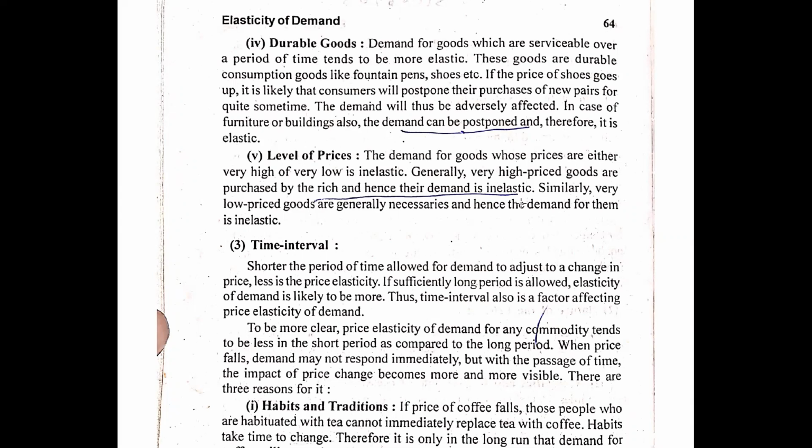In the present scenario we can get 1 kg of salt for just 10 rupees. So when the price of salt is increased by 1 rupee, and the price is now 11 rupees for 1 kg, people will not change their demand for salt.